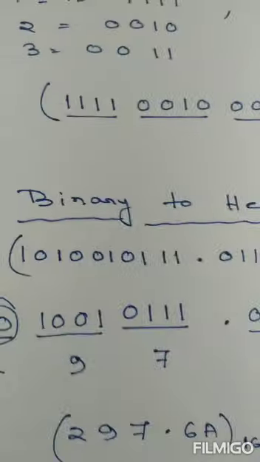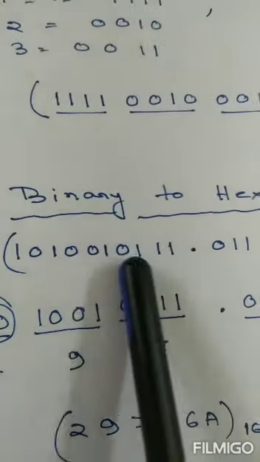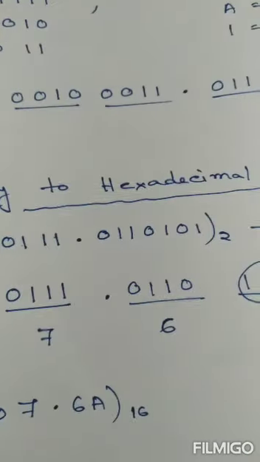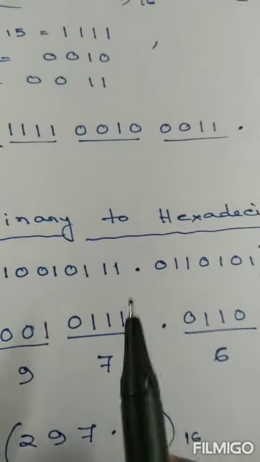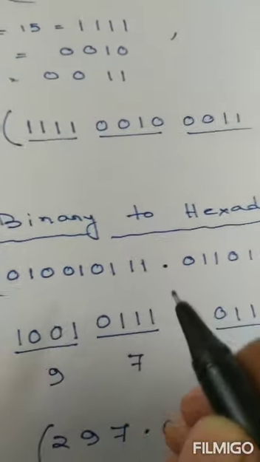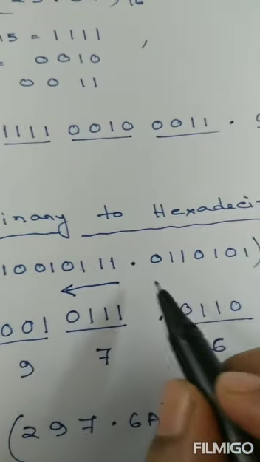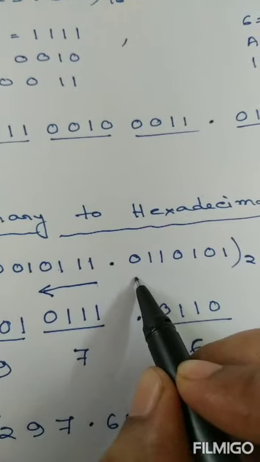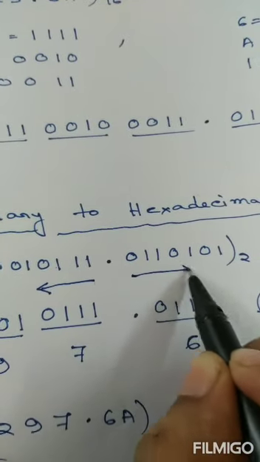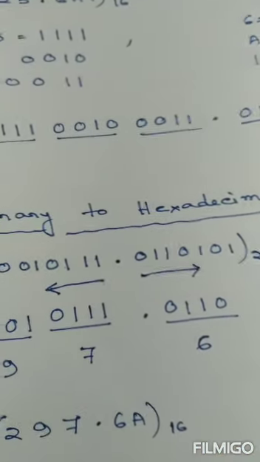Now, the binary to hexadecimal. This is the binary number. Similarly, before the pointer, start from this part and go towards this, and after the pointer, start from this position and go towards this way. Okay.